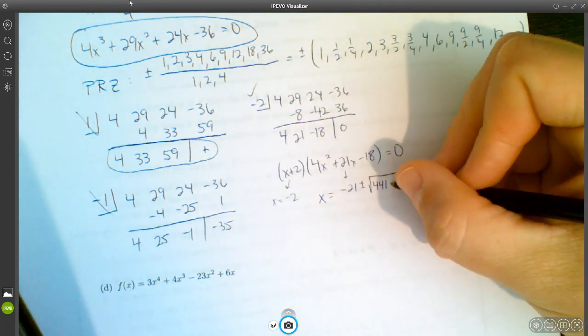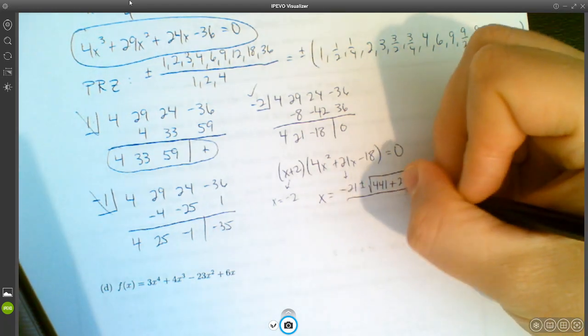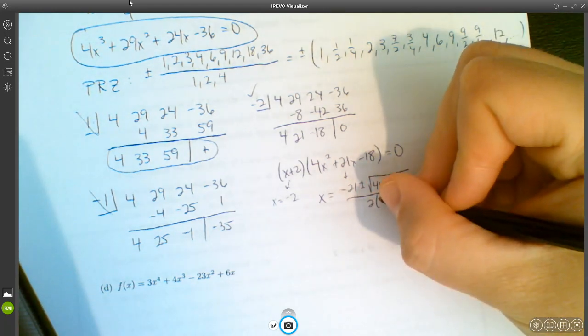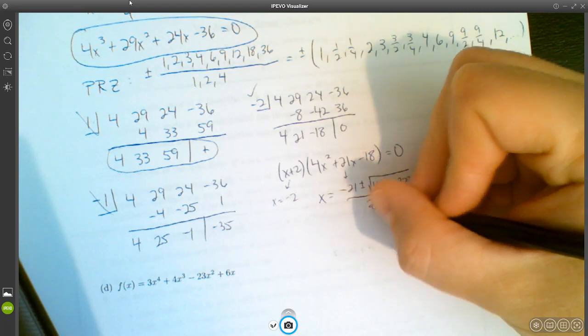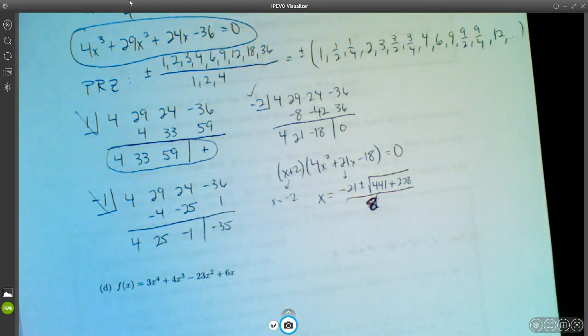So this is really plus 228, divided by 2 times 4, which is 8. I wonder, 441 plus 228 is 669. Is that a perfect square? It is not a perfect square. So yeah, we wouldn't have been able to factor that.